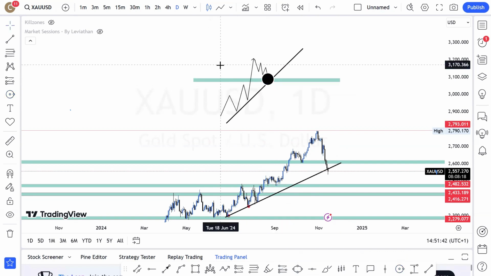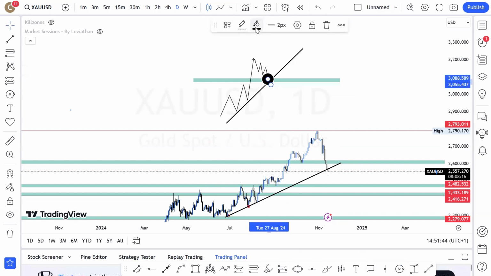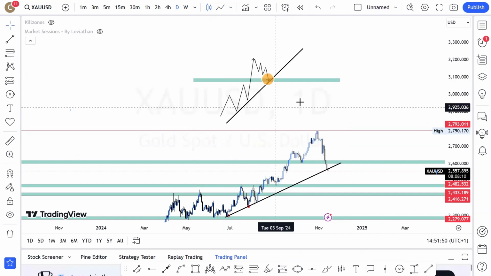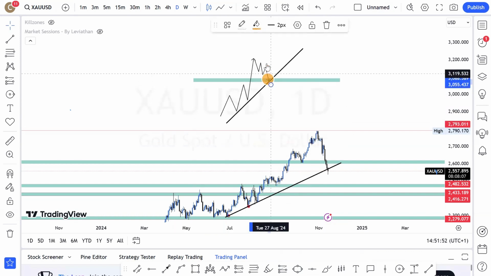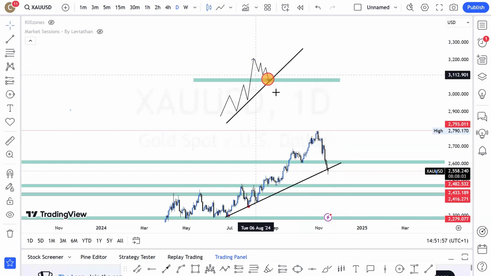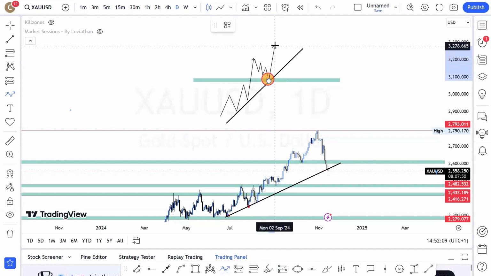This kind of setup is a setup that will work. In fact, it works over 80 to 90% of the time. Most of the time, you're going to see this market bounce from this level and start going up big time.